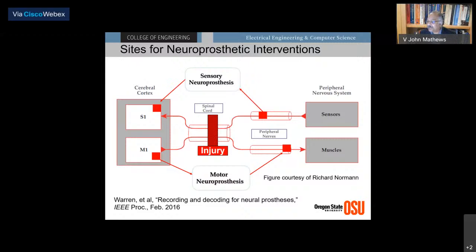And how the brain communicates is it communicates through electrical signals known as action potentials. It's basically you have the action potentials or you don't have the action potentials. And when the brain has to send a whole bunch of information, it probably will send more number of action potentials than otherwise. And these action potentials travel through the spinal cord, through the peripheral nerves, to the intended locations.